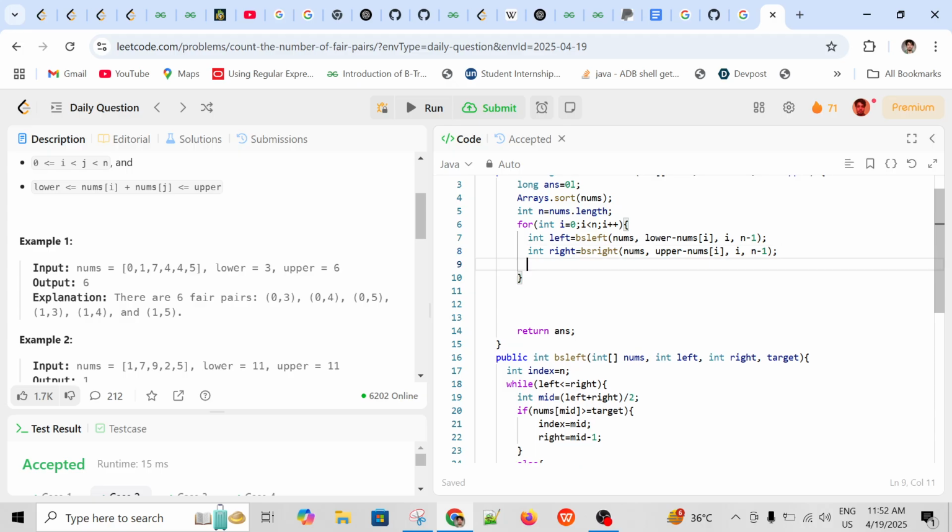So if left is less than or equal to right, the answer plus will be equal to right minus left plus 1, and that's it. Let's try to run the code now.